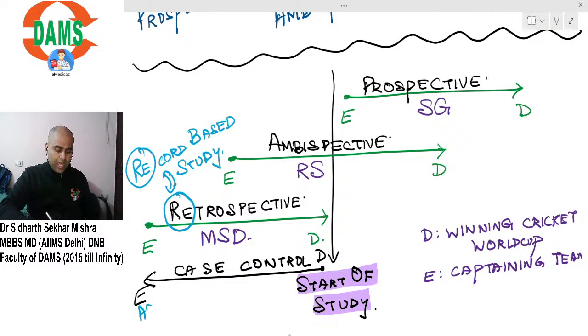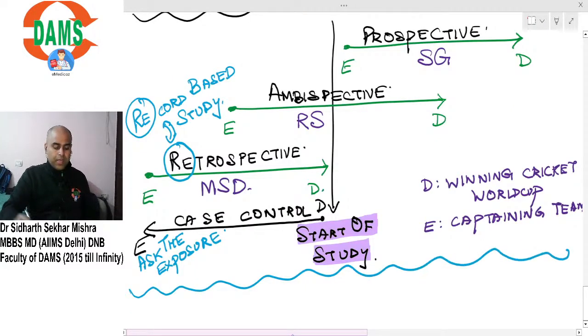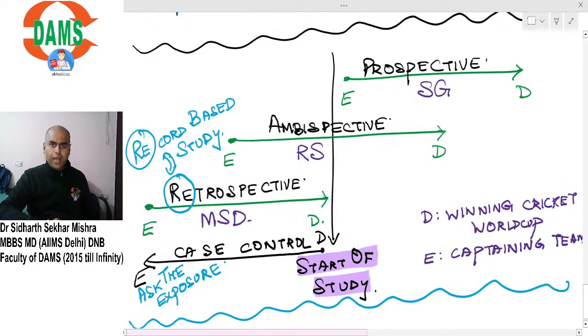Similarly, if we ask the exposure, it becomes a case control. I hope everyone is clear with types of cohort. Yes, guys. So you can see how in a different way I am teaching you the same thing which you have read, but I am approaching it the way the examiner will ask you in MCQ format in the exam. Okay. Should I go ahead?